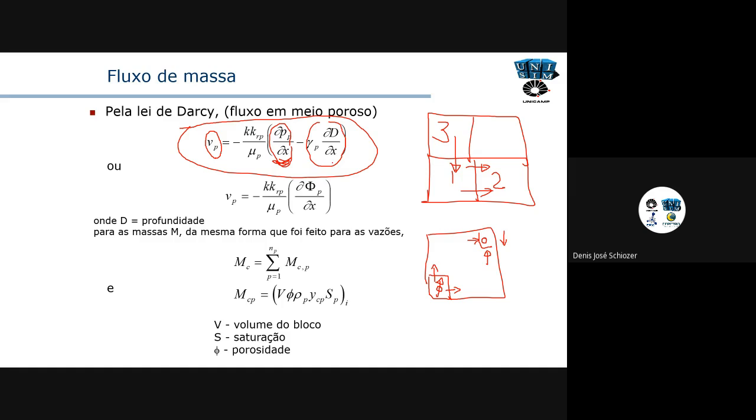I didn't include it here, but we also have the capillary pressure, which can sometimes be important for us, so it is inside the equations as well. The difference in pressure here, as you can see, is the pressure of the phase.